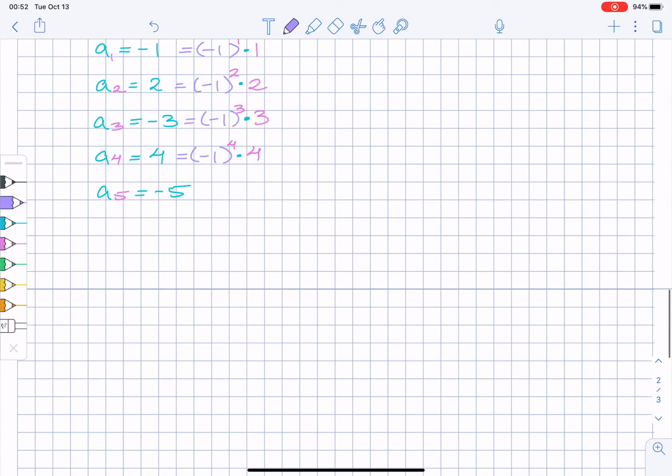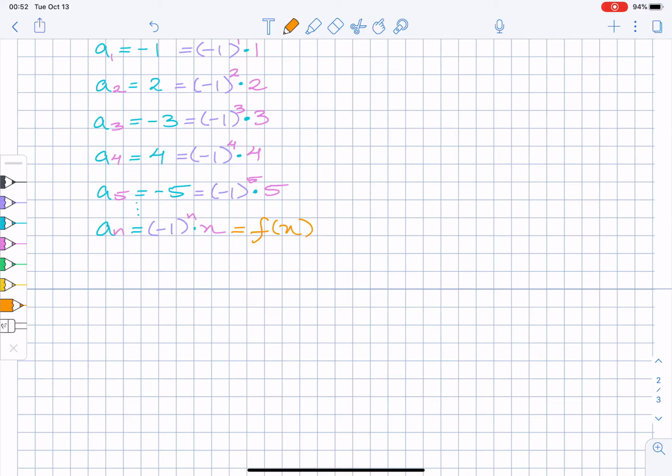The next one will be negative 1 to the fifth times 5. So the pattern is that a sub n is going to be negative 1 to the n times n. And this is our function in n that represents a sequence.